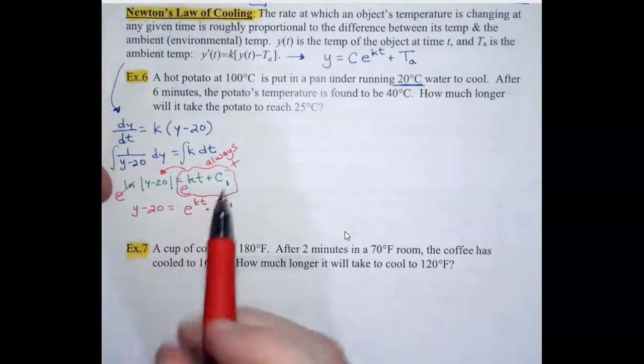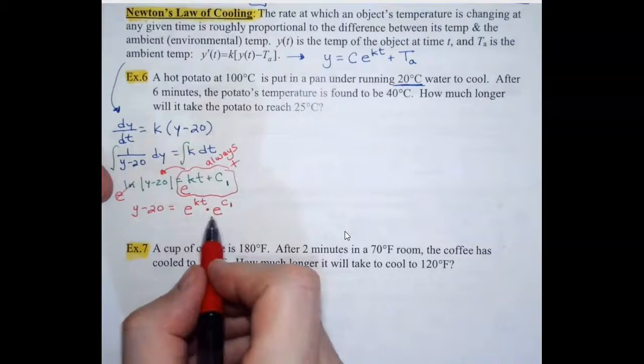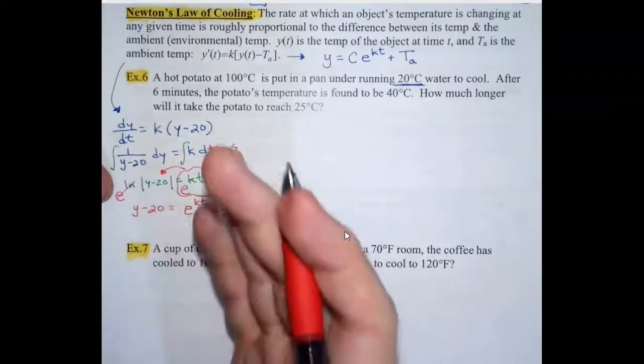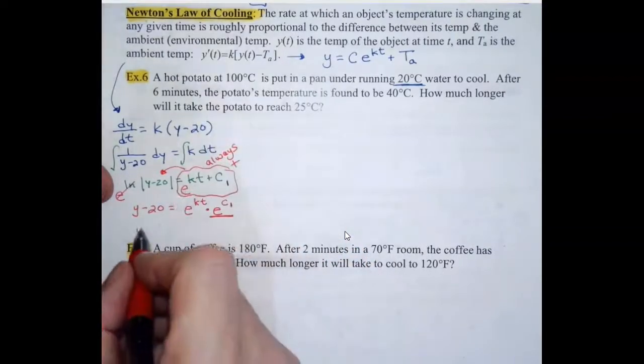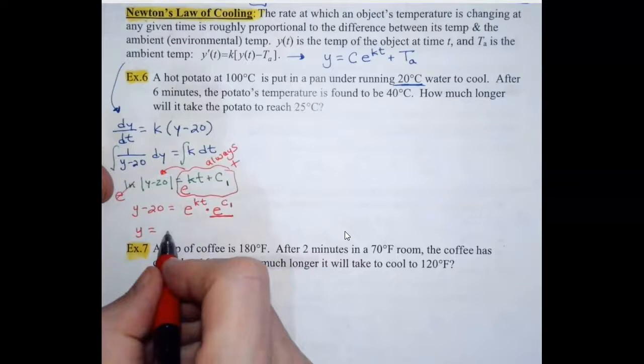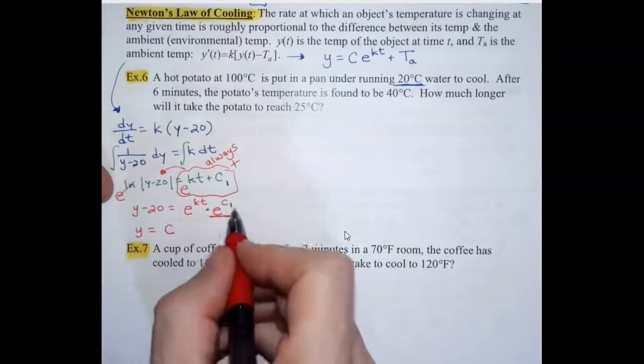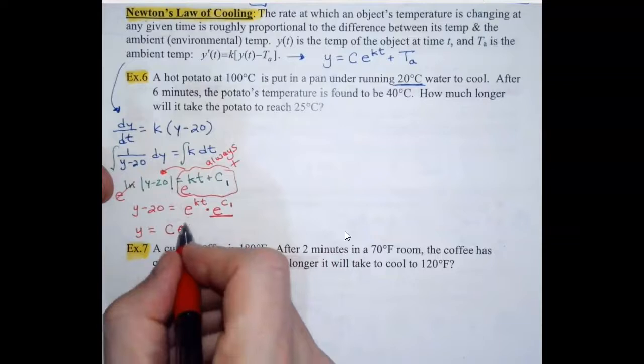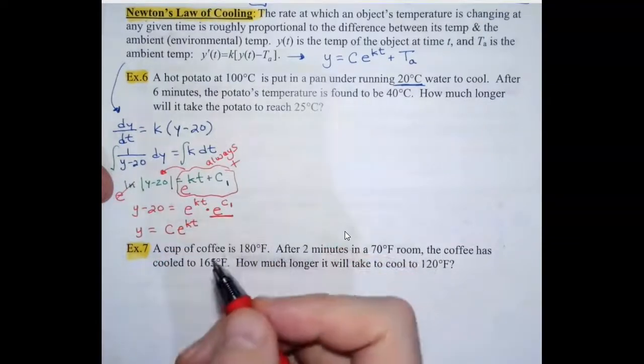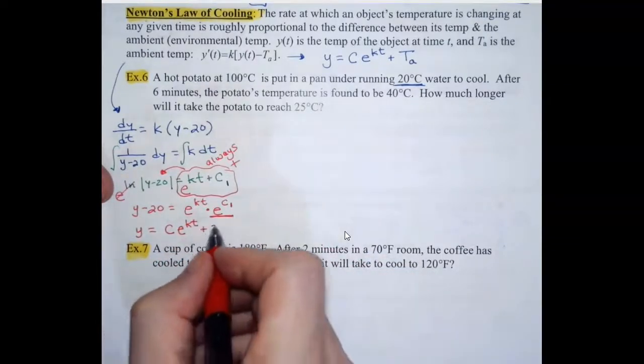And e to the c1 is its own constant. So y equals, and that will become its own c, and now I can just put c because I used c1 for that one. If this is blowing you away, don't freak out about it too much.